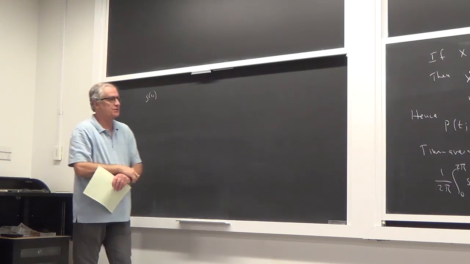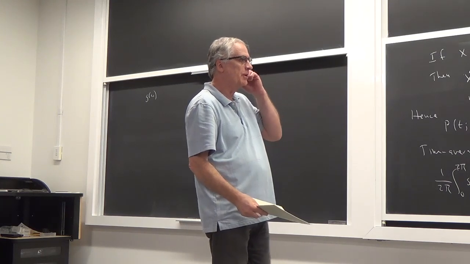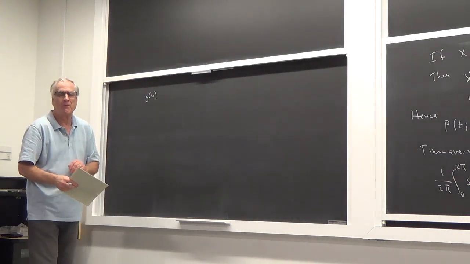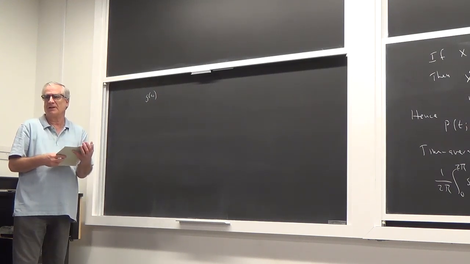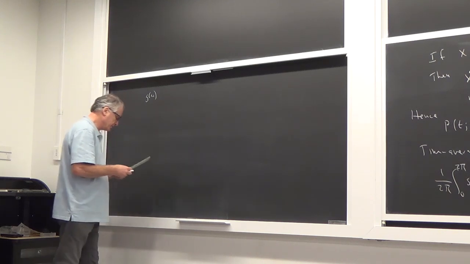To get at the width of this resonance curve, let's ask where it decreases by 1/2 from its maximum. So I'm going after the full width at half max of my frequency response.